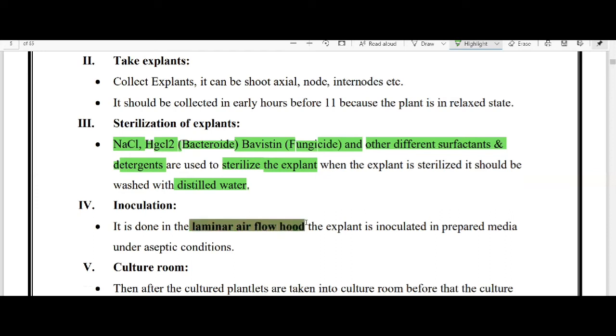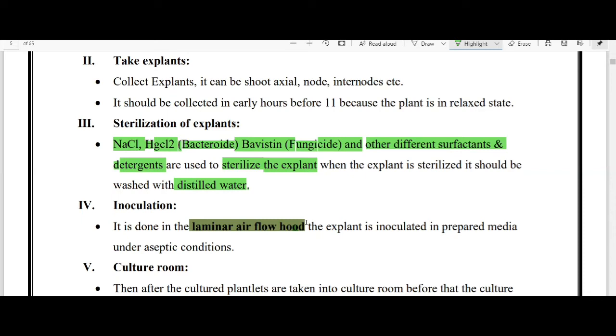This laminar airflow hood has a HEPA filter, which is known as a high efficiency particulate air filter, which creates a positive pressure inside that area, and thus a very high amount of positive pressure air is coming out from those filters, and at that place we have to work.